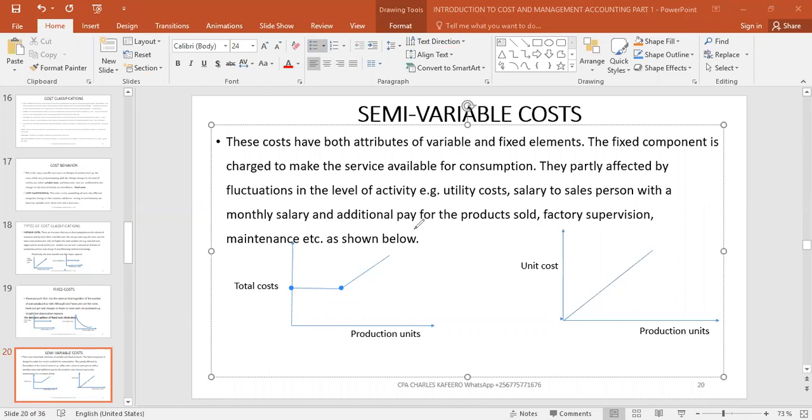Now from here up to here, that is a variable component, whereby the more units someone produces, the more amount they earn, because you see it is slanting like this, meaning the more you sell, the more you earn. That's how it is. Then the unit variable cost, of course, behaves as a variable cost, for it is a straight line.